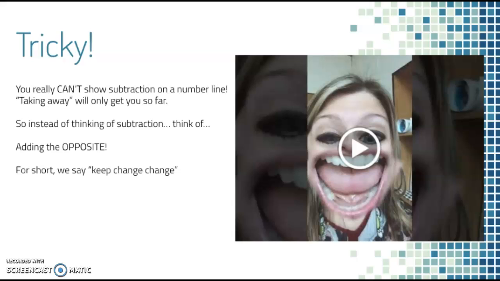So really, there is no way to subtract on a number line. You can only just show addition of a number's opposite. So our now 7th grade definition of subtraction is the addition of an integer's additive inverse, or the opposite.